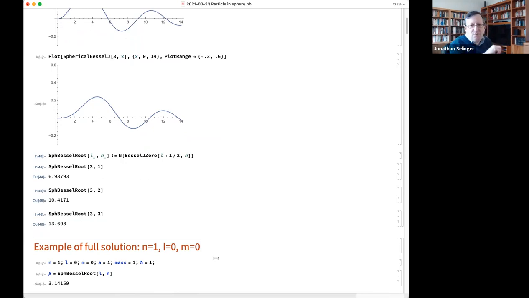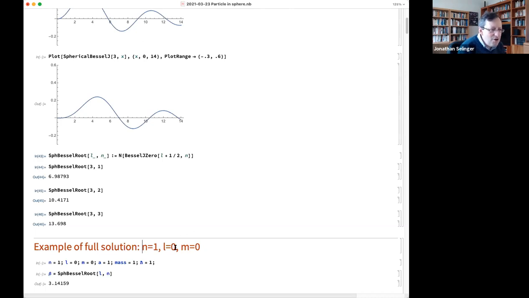I need to specify the L and M that go with the spherical harmonic, and then the integer n that says which of the 0 crossings I'm caring about.